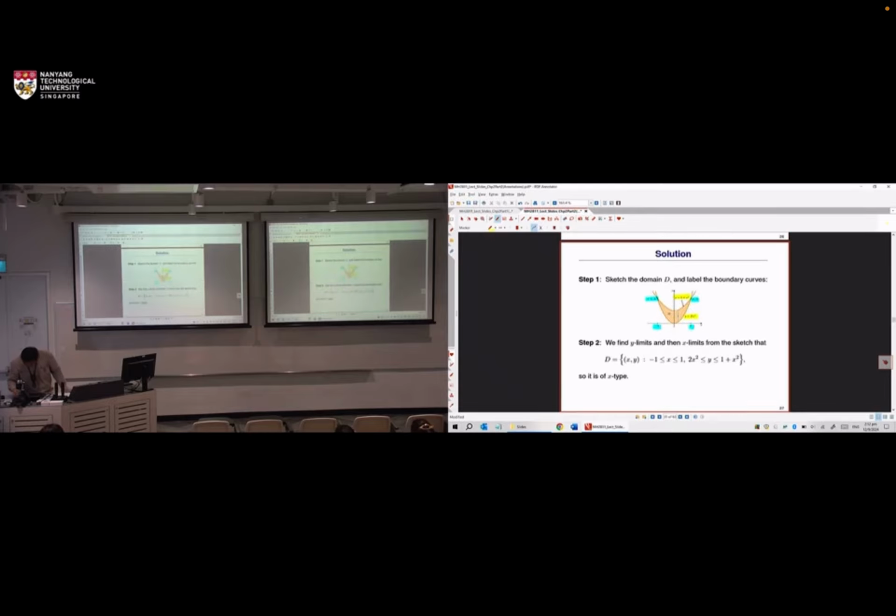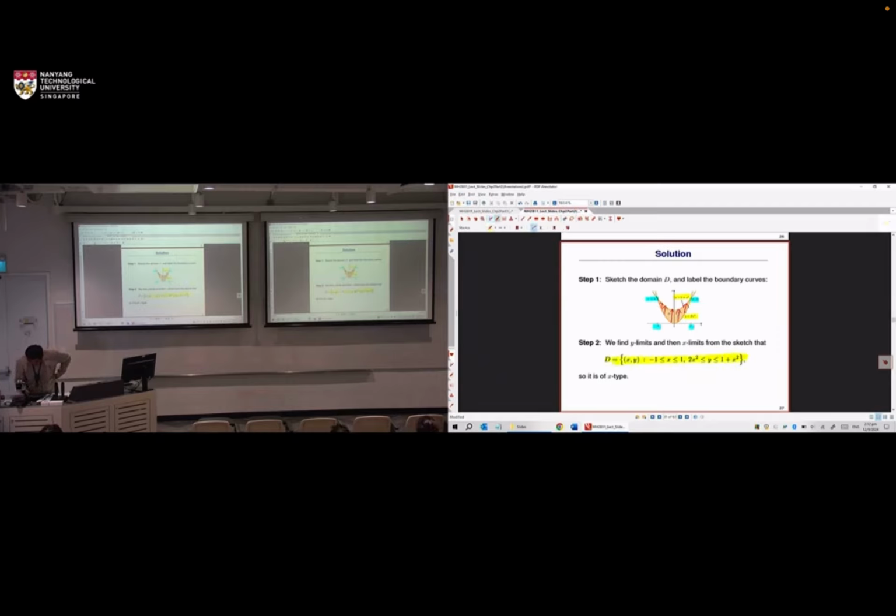So from this graph, after you sketch out everything beautifully, you do the testing. Can you go from bottom to top, bottom to top, bottom to top? Yes. Then after that, you write out this line for me.